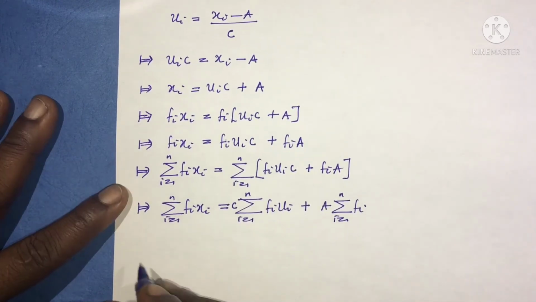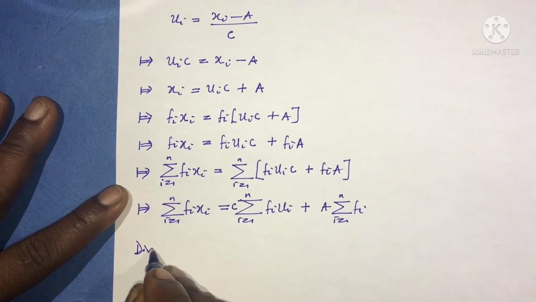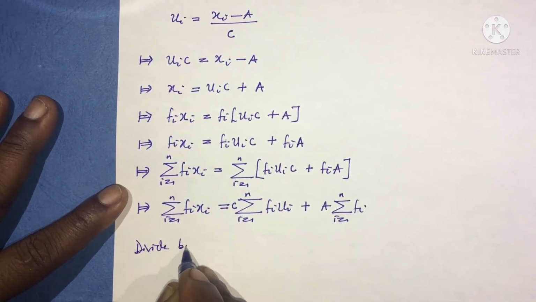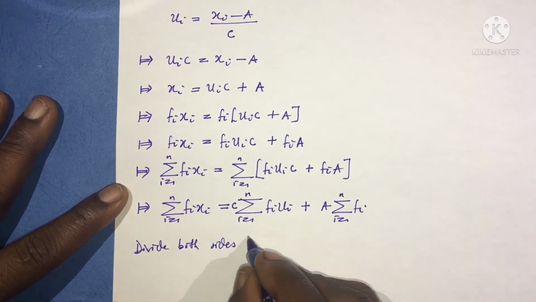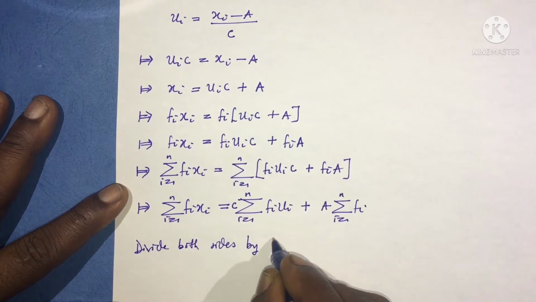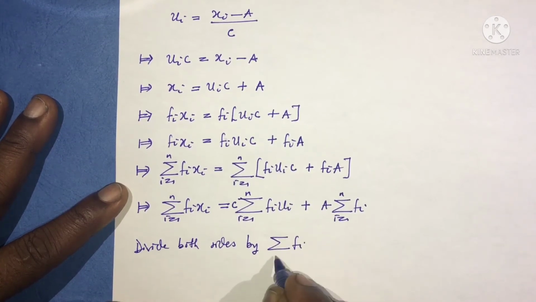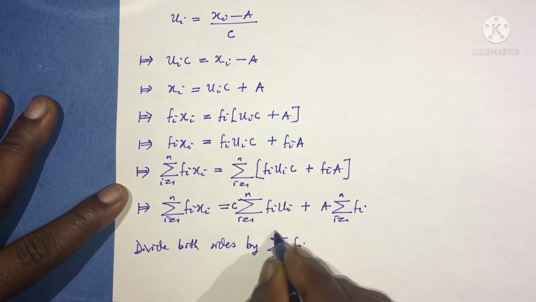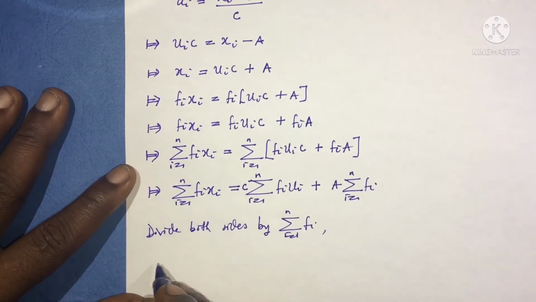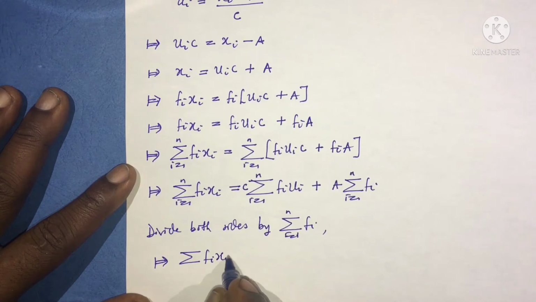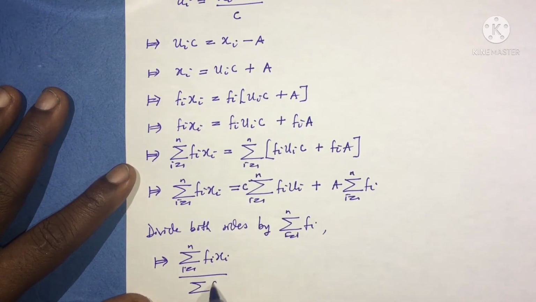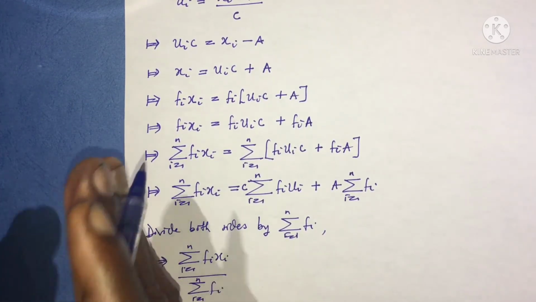Now, if we go on to divide both sides by summation fi from i equals 1 to n, then we are going to have summation fixi from i equals 1 to n all over summation fi from i equals 1 to n on the left hand side.